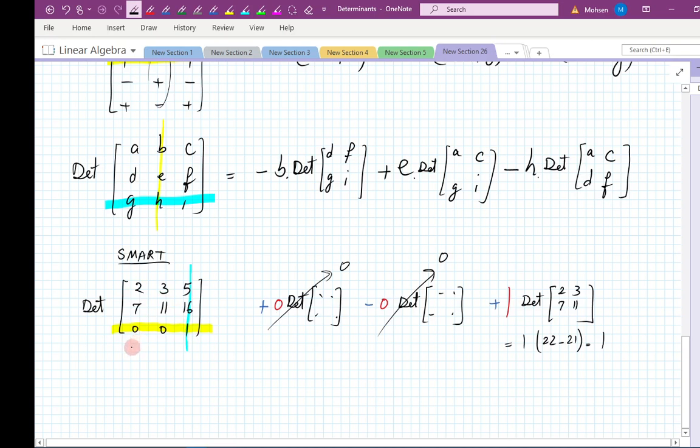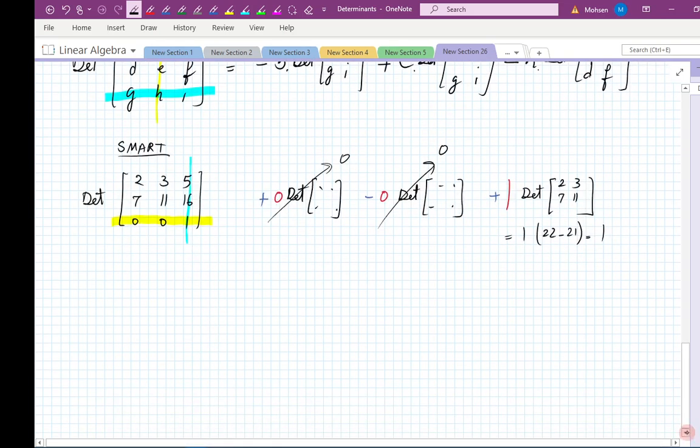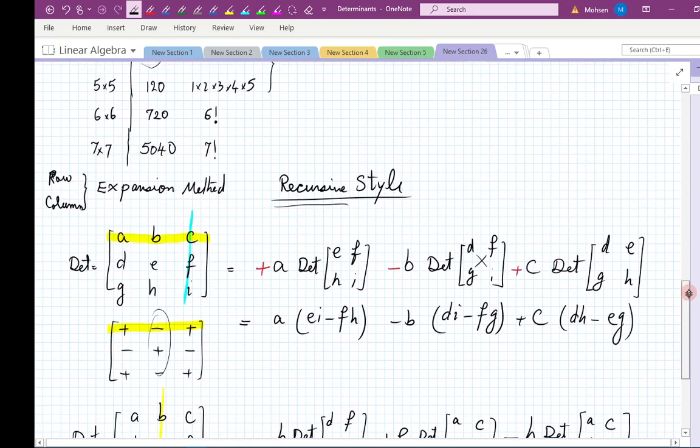So when it's 3 by 3, you can't go wrong. But when the size increases to like 4 by 4, 5 by 5, this is the only way that you can actually calculate something on this type of test questions in regular time.